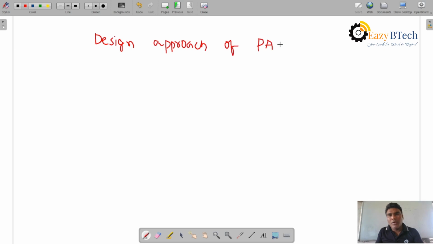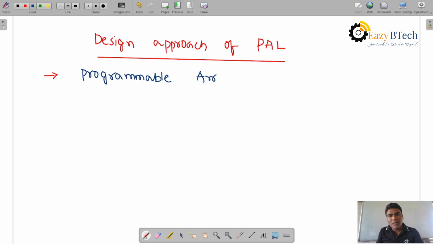It is another type of PLD. PAL is defined as programmable array logic.